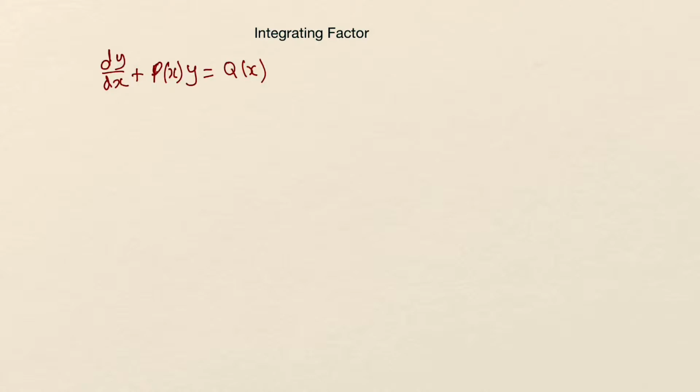Then we need to create another function, which we're going to call mu of x. As you'll see in a minute, we want mu of x such that mu dash of x is equal to mu of x p of x.